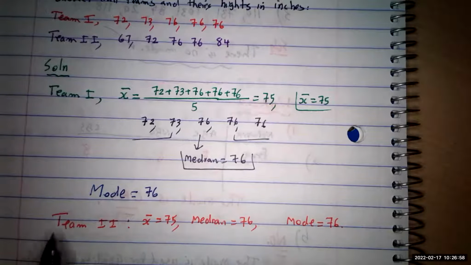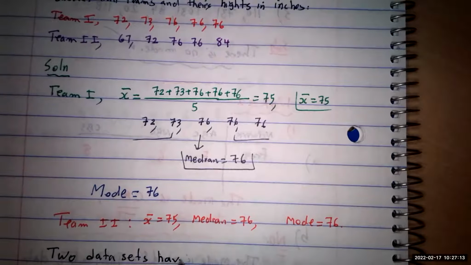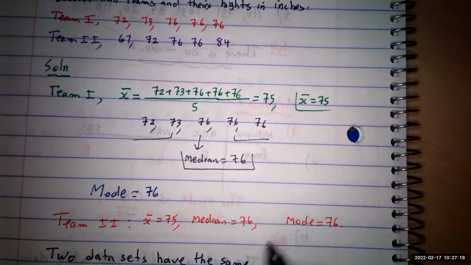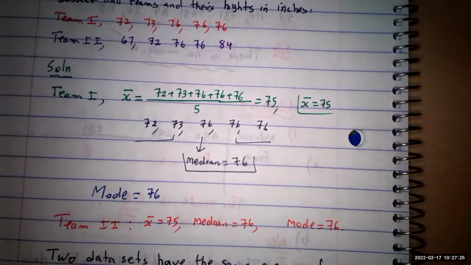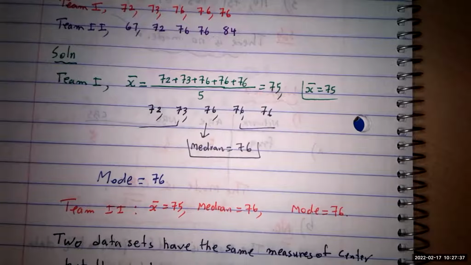So the conclusion of this argument is that we have 2 different data sets that have the same measures of center, but the data values are quite different.